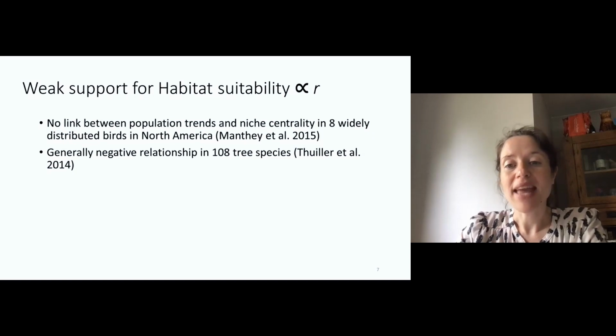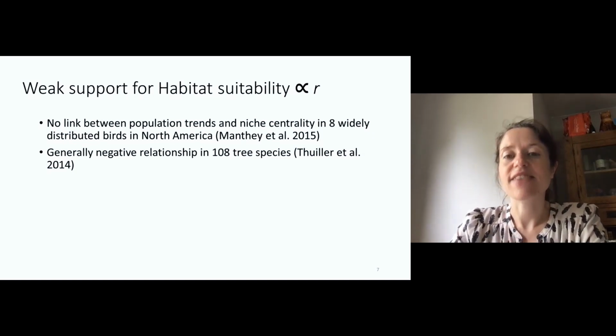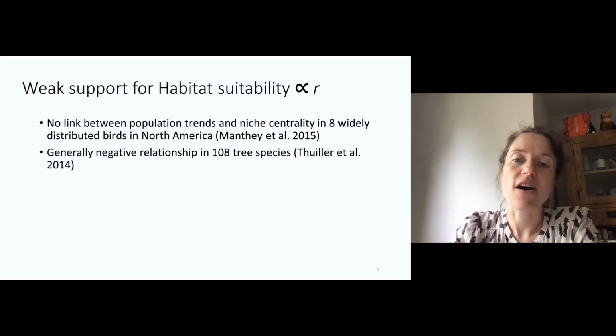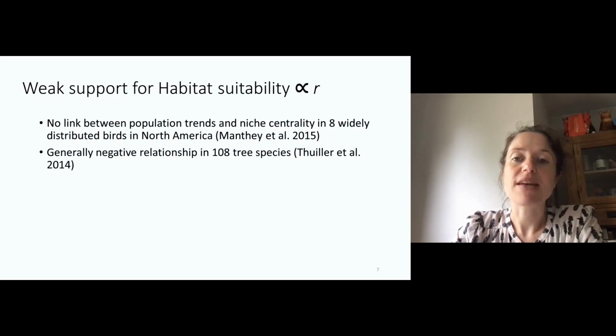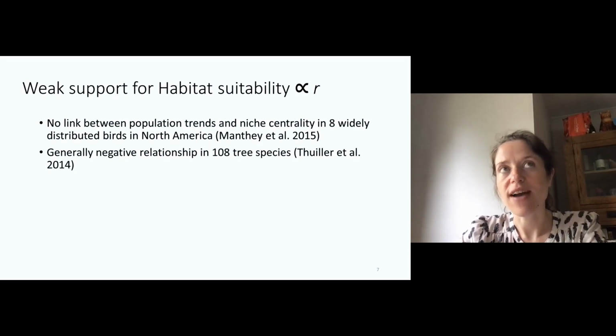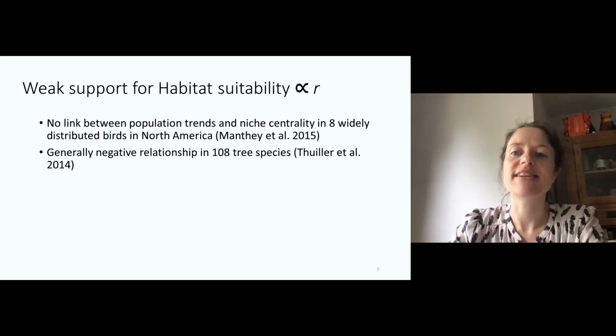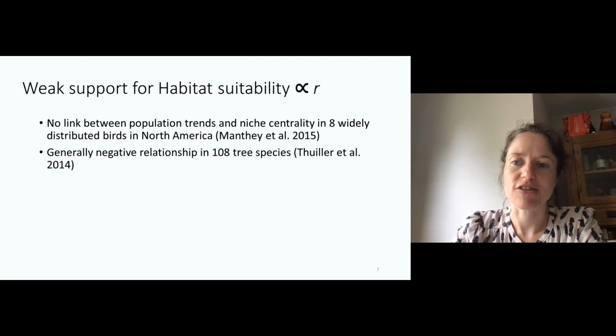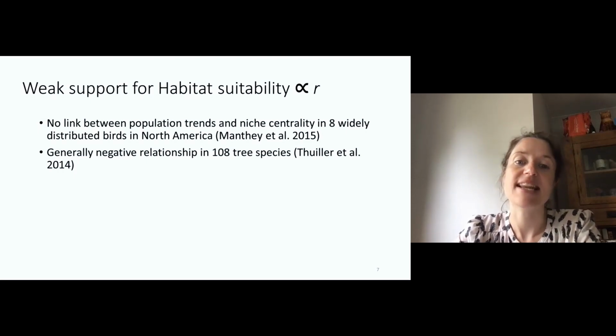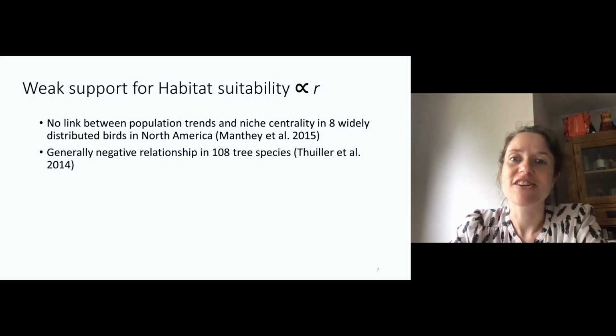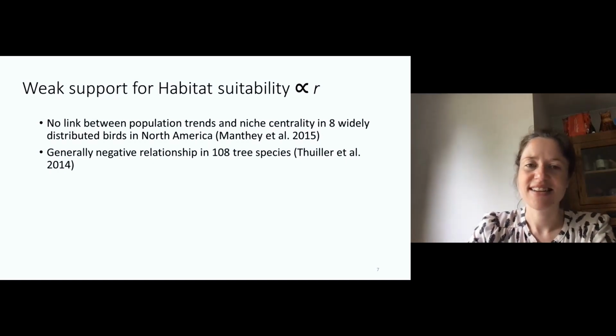But the overall picture is actually fairly negative where it's been tested so far, in that there are few cases of habitat suitability in the model having a strong or positive link with population growth rates. However, we have been pretty limited in how well we can test this idea due to that lack of data.